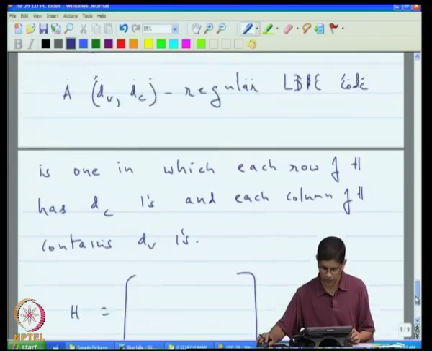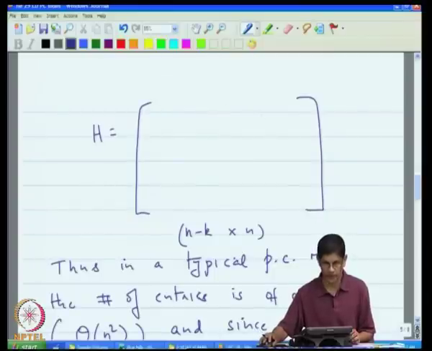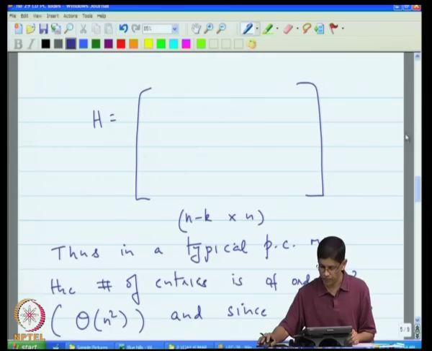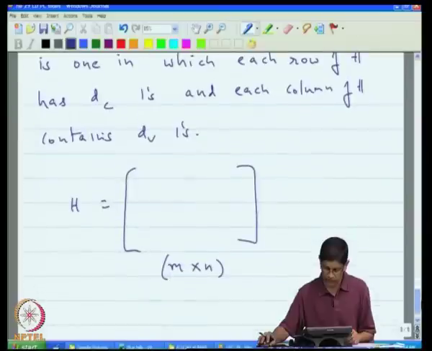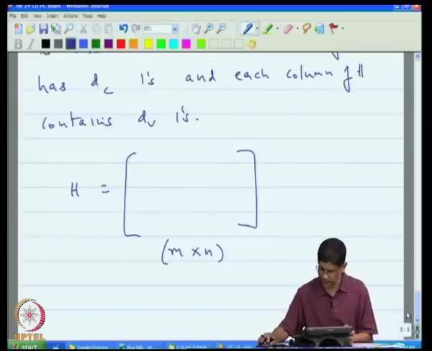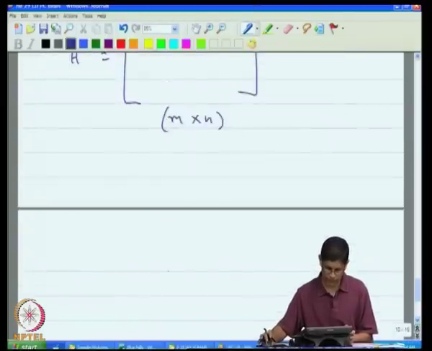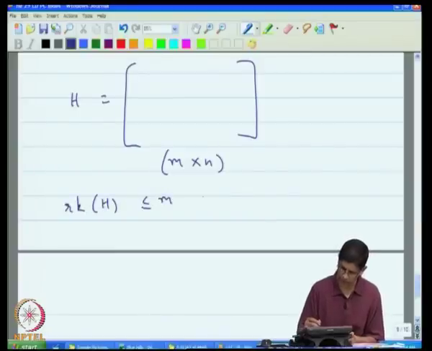The reason I say that is because earlier, when the rows were linearly independent, I could say that the number of rows had to be n minus k because the dimension of the null space was k, and that is the dimension of our code. But since now we have relaxed the requirement that the rows be linearly independent, what this means is that the rank of H is less than or equal to m.